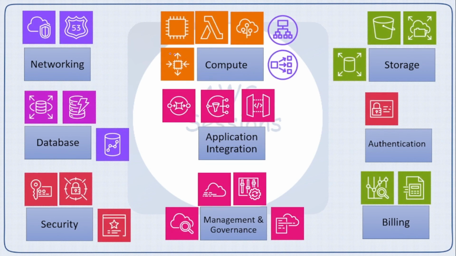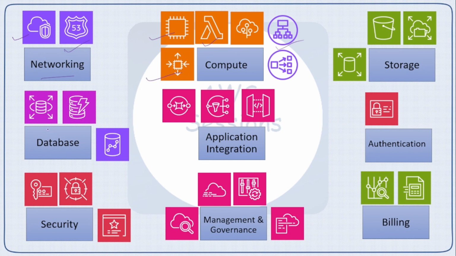If I just go forward, here what we are saying is that for networking, we will be covering VPC and another service called Route 53. Then for compute, we'll be covering EC2 instances, Lambda functions, load balancers, and auto scaling. Then we have databases.